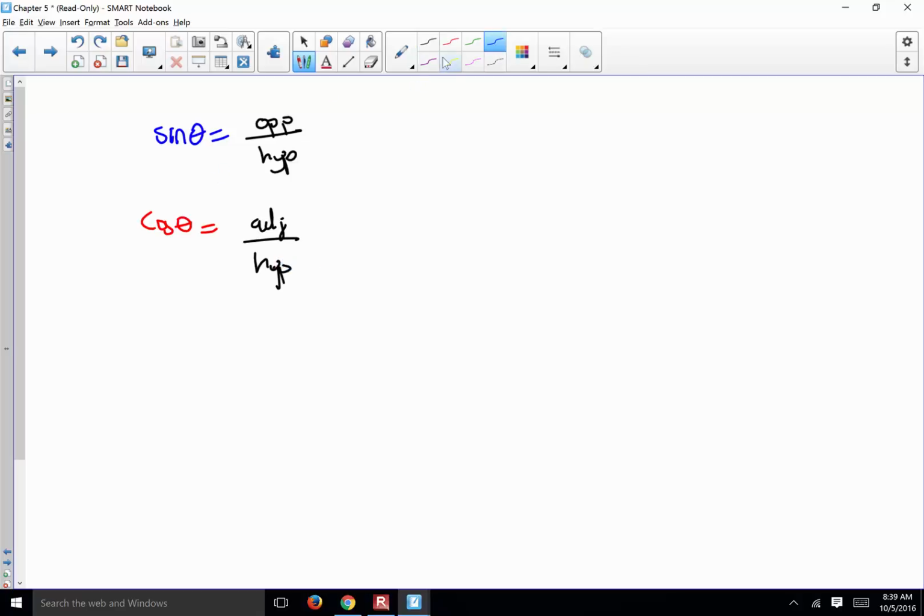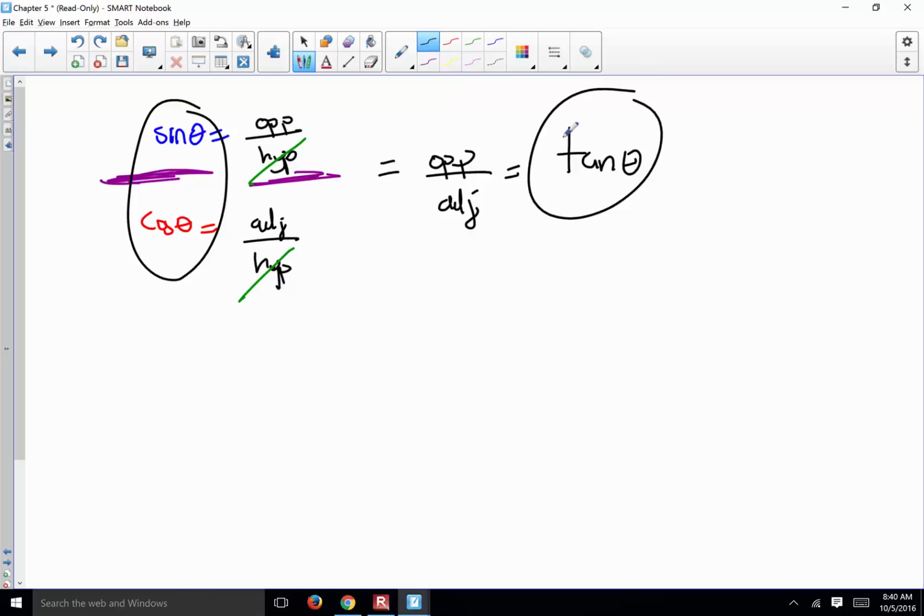When I take their ratio of sine and cosine, these two have the same denominator, so they cancel. Hypotenuse canceled. What's left is opposite over adjacent. And what is opposite over adjacent? Tangent theta. So sine over cosine is tangent.